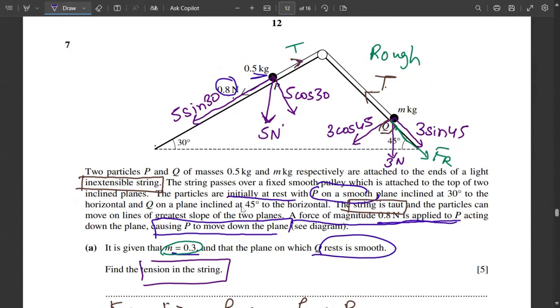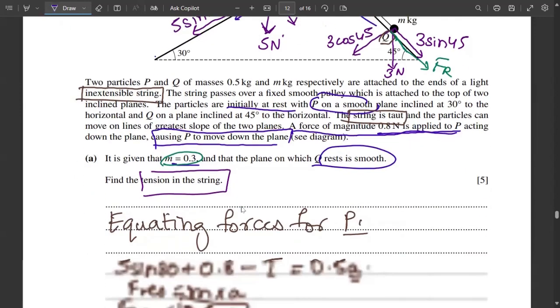No. Some person or some machine may be pushing it with 0.8, right? That's what is driving the P and Q. In the first question also, part A, that's what drove it. Because of the 0.8 Newton only, the P was moving downwards and Q was moving up the slope. So the 0.8 Newton is the driving force.